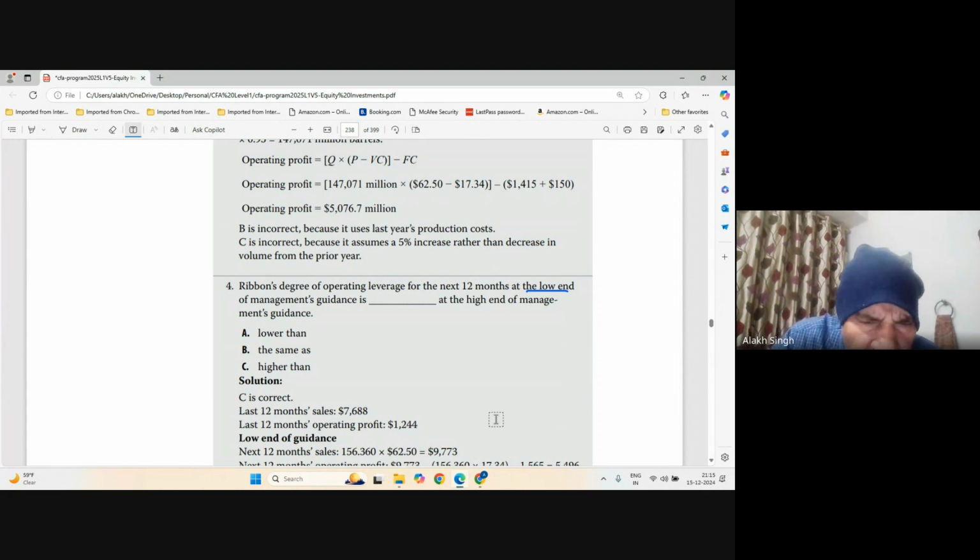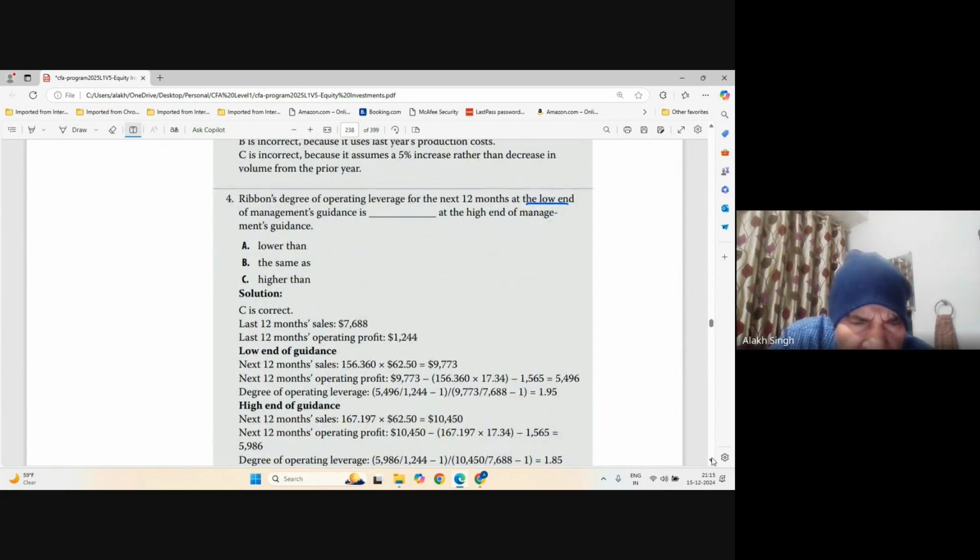Let's see. So we need to calculate that. What is the low end of guidance? Low end, next 12 months. Our formula was the percentage change in operating profit divided by the percentage change in sales. So here it is calculating last 12 months sales and last 12 months operating profit. So we get this sales.